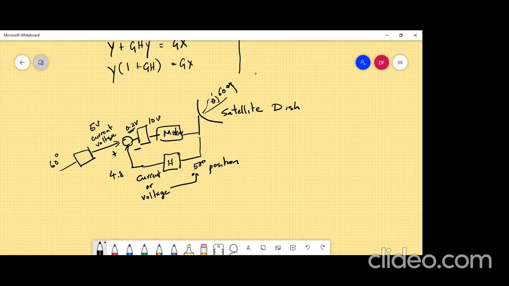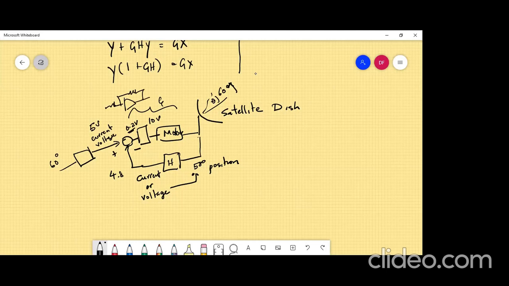So this is my G. Let's say the controller is an amplifier. We amplify the 0.2 volts to 10 volts.